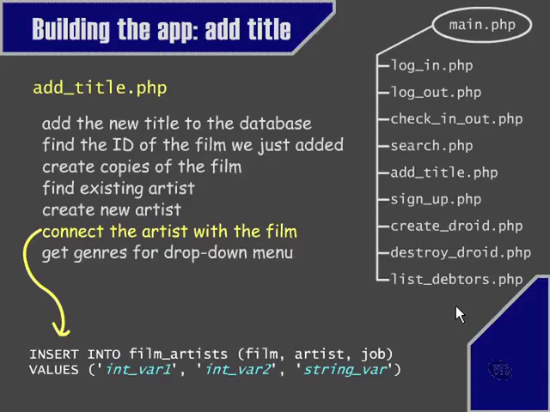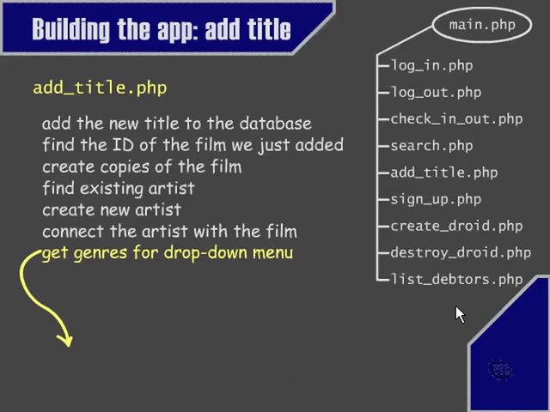If you remember, the job column is an enumerated column with a certain small selection of values. I believe it's actor, director or writer. So using this query we connect the artist that we've included within our HTML form with the film that we've just added to the database.